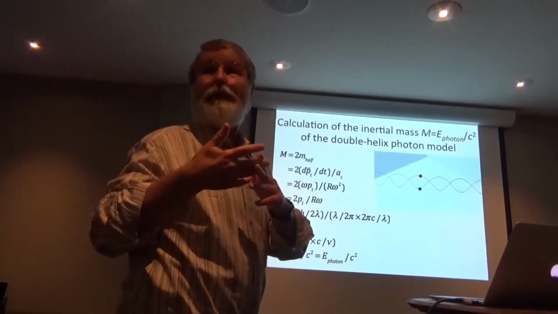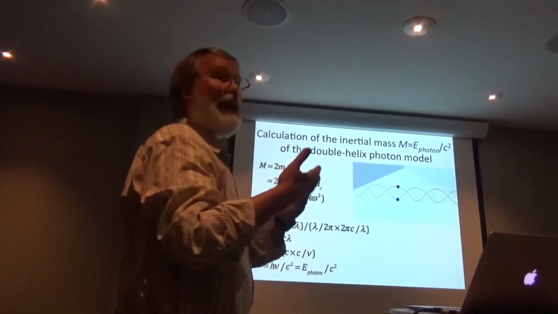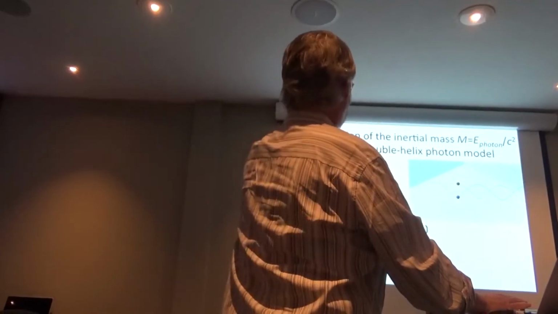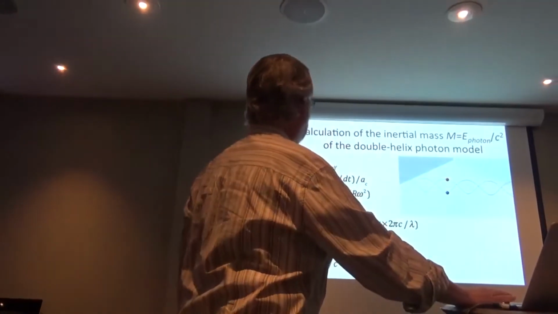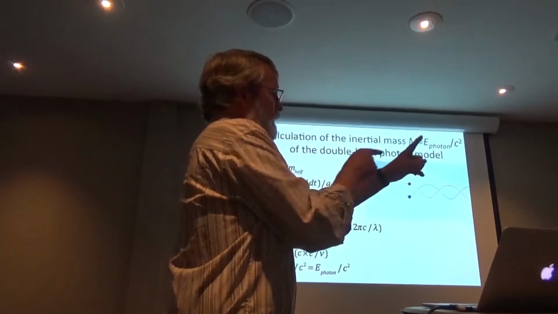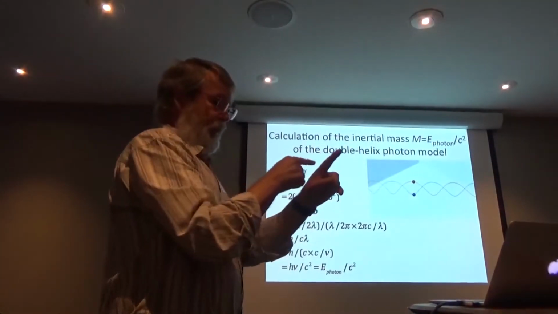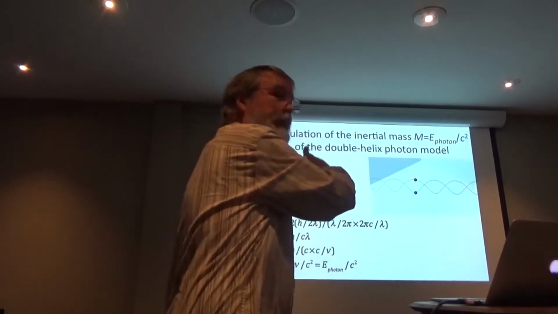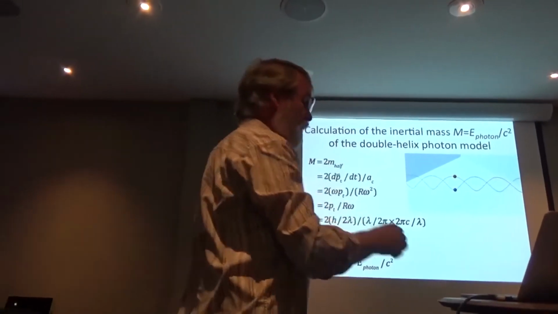From general relativity, mass is energy, and therefore photons should also have inertial mass. So it's consistent with other things. These two equations of the super helix, the double helix, are consistent with the known properties of photons.